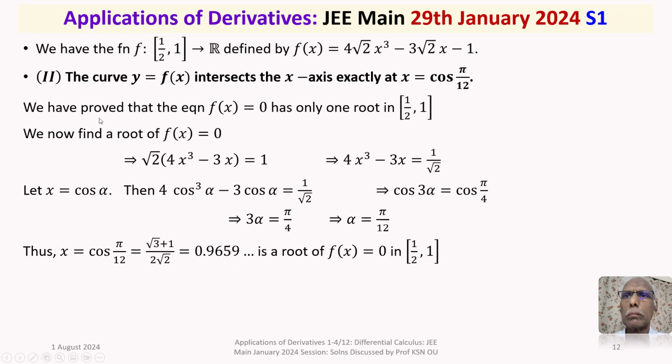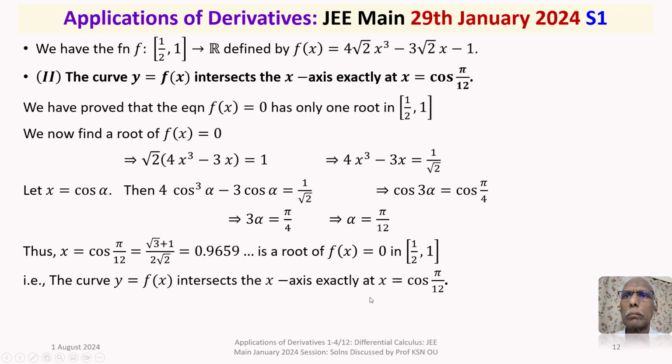So we have already seen that this equation has exactly one root, and that root is this one, because this lies in this interval. So the curve y is equal to f of x intersects the x-axis at x is equal to cos pi by 12. Thus option 2, the statement 2, is also true.